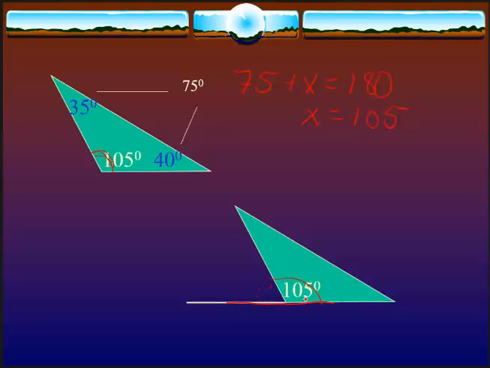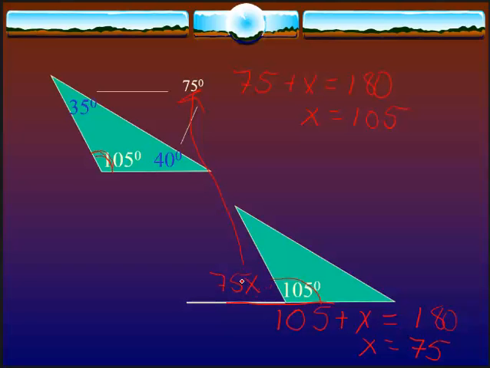So I know that this 105 plus my unknown angle there is got to be 180. If I subtract those, then my unknown angle has to be 75. Well, guess what? That's the same as my remote interior angles up here. Okay.